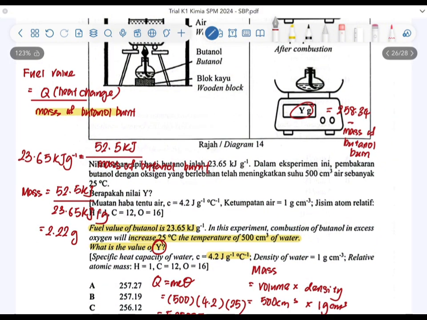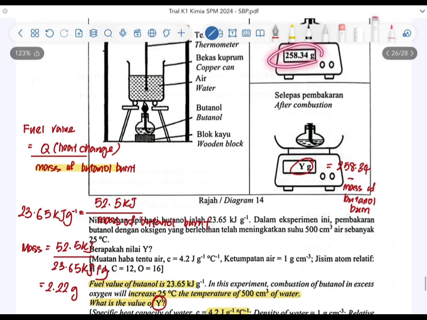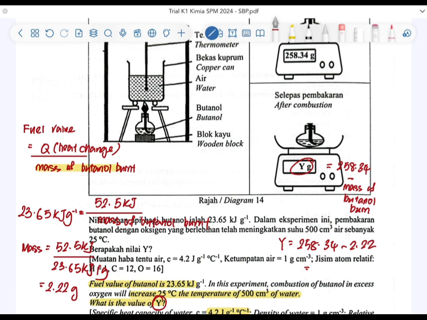This is the mass of the butanol burnt. Since we want to calculate Y, and Y equals the initial mass minus the mass of butanol burnt, Y will be 258.34 minus 2.22.